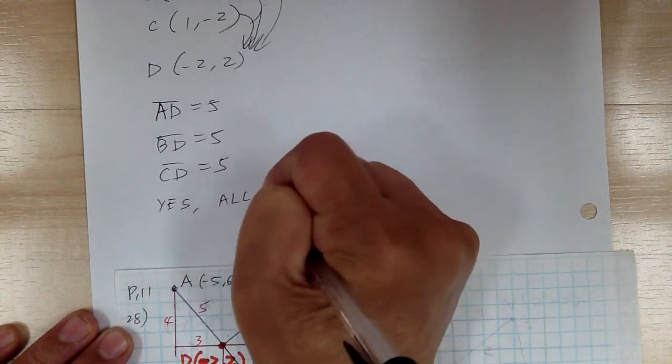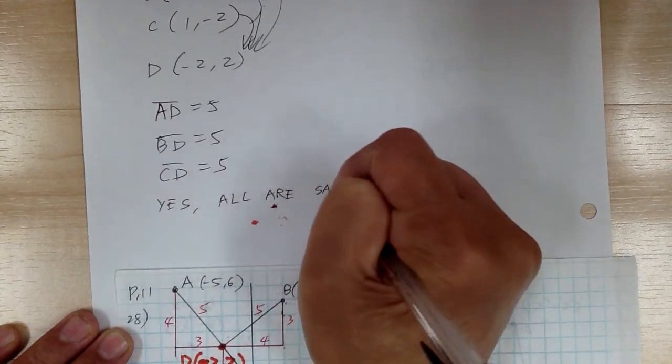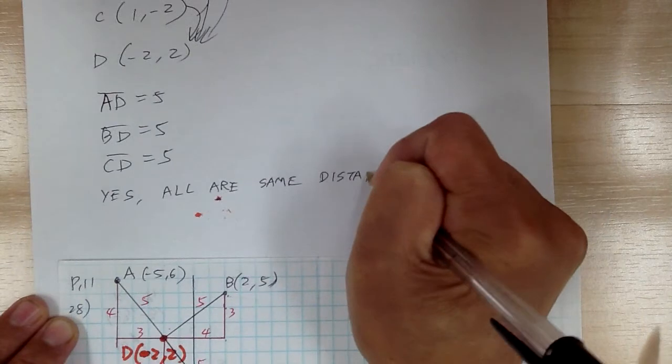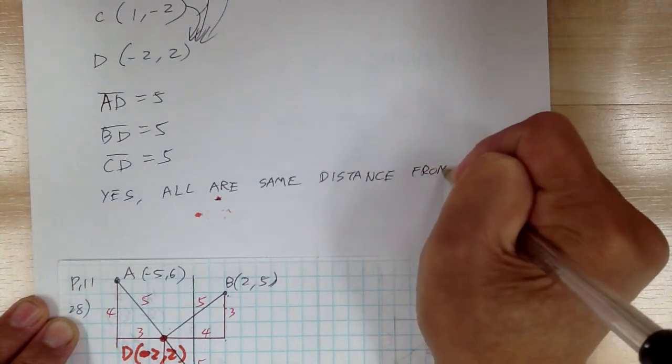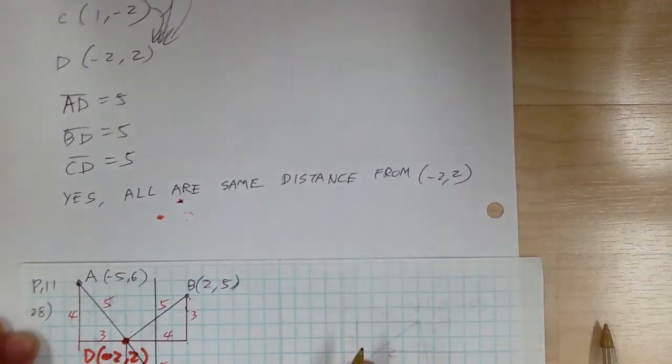So all are the same distance from negative 2, 2.